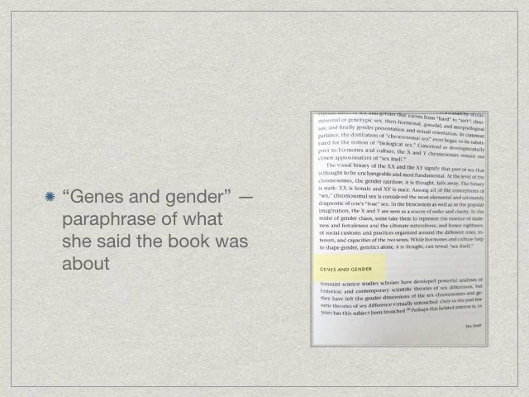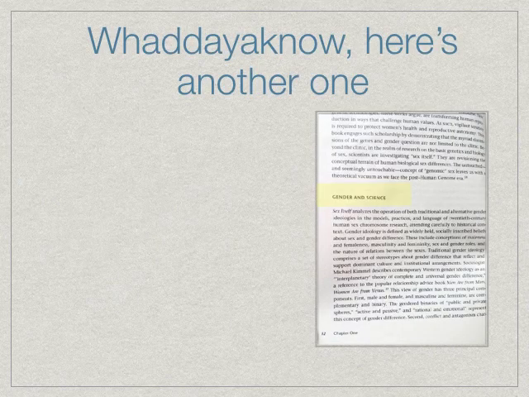Genes and Gender, another subhead, is a paraphrase of what she said the book was about early on, the first quote that we looked at. And what do you know? Here's another part of what she explained in that first quote about gender and science, cultural gender norms, and the scientific genetic theory.